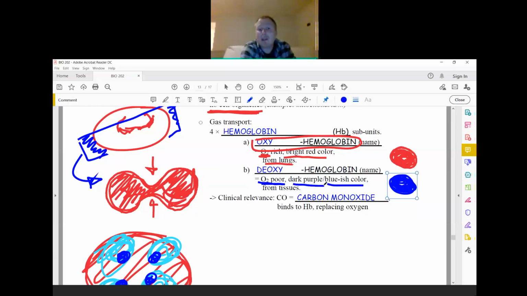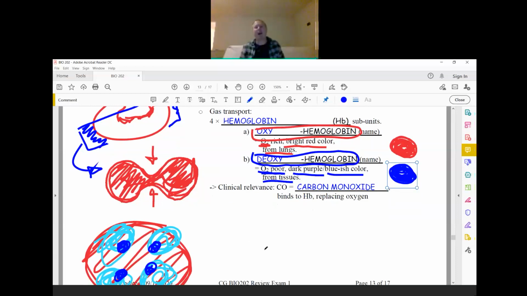So this is typically coming from the tissues. And this kind of hemoglobin is described as being deoxyhemoglobin. So we will come back to this when we talk more about the transport of the blood. But I do want you to be familiar with the difference between those two.